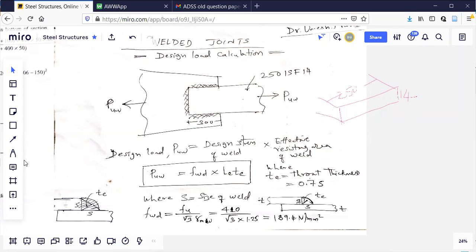Now you observe this. All these expressions are available in the code book also. Just observe. Now, load carrying capacity is equal to this stress into area. Area is length into what is called throat thickness. Do you remember what is throat thickness here?